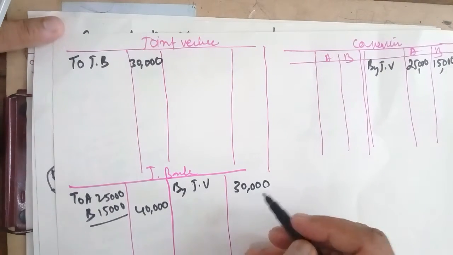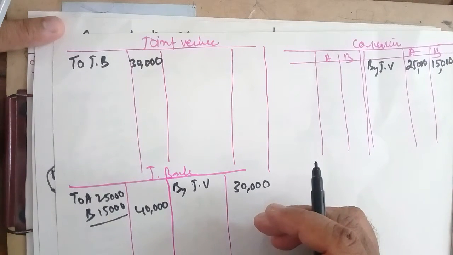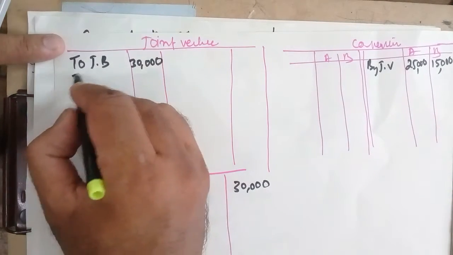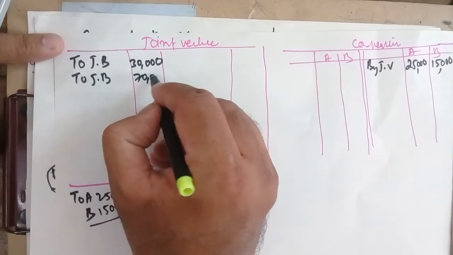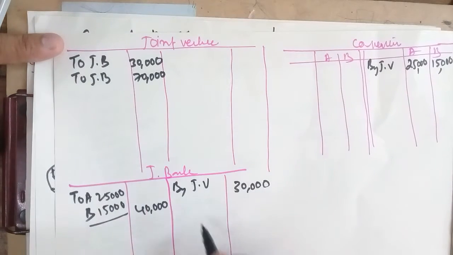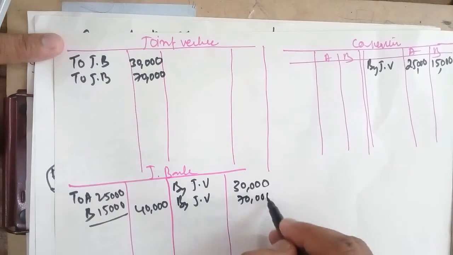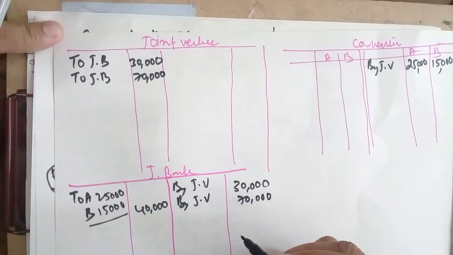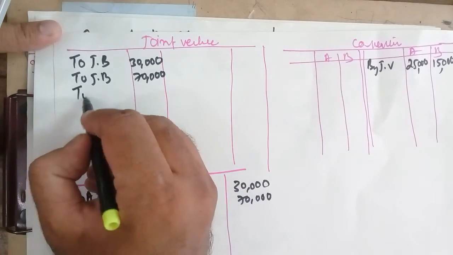Clear? Next, bought material 70,000. So they purchased the material, to joint bank, 70,000. They are making the payment through bank and purchasing the material, therefore by joint venture 70,000. I am doing a little bit fast, right? Then material supplied by A. A is supplying the material, so it is an expenditure basically to the joint venture.